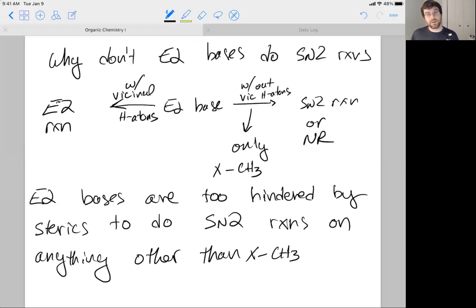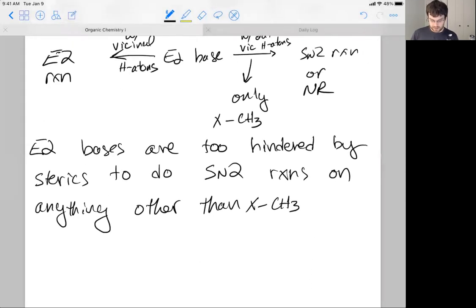But I do want to bring up the fact that the E2 bases that we showed have a lot of steric hindrance on them. We've got these big, bulky tert-butyl groups, or the one tert-butyl group, excuse me, on potassium tert-butoxide, and the two still fairly big isopropyl groups on lithium diisopropyl amide.